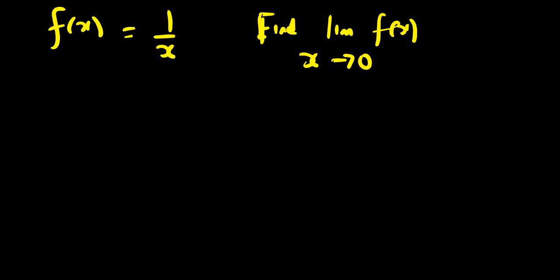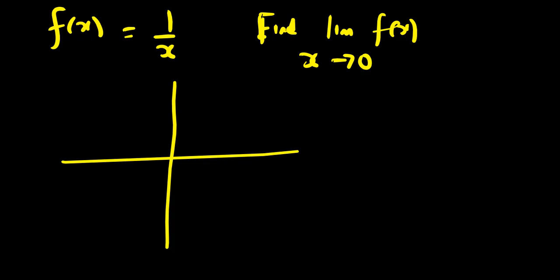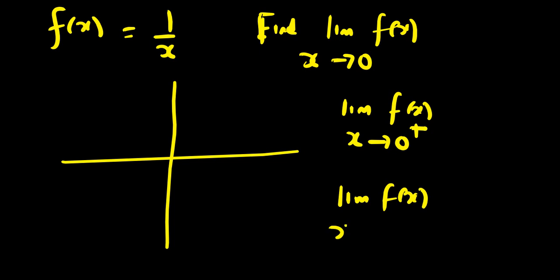Let's say this is our graph, this is our y-axis, this is our x-axis. You can approach 0 from the positive side, and you can also take the limit of f of x as x is approaching 0 from the negative side.